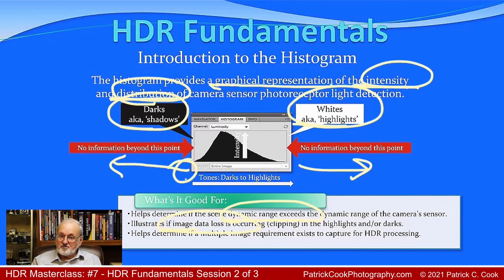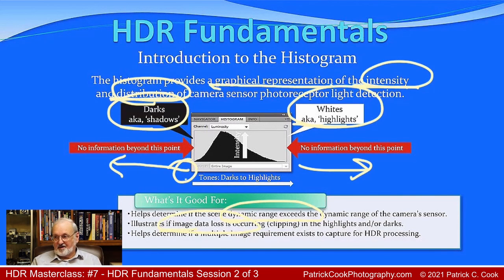Now, as I've mentioned before, data loss is the photoreceptor amount of light that cannot be turned into a numeric value, and therefore there is no value. You can't have a negative 10 pixel value, because 0 is the floor.